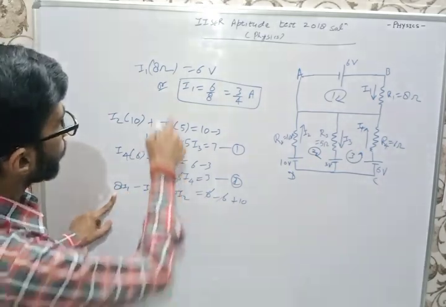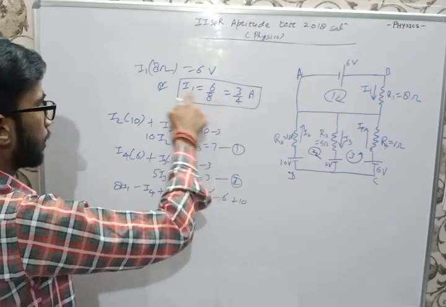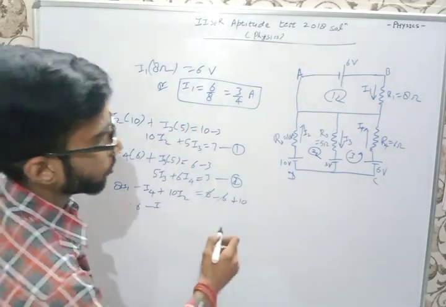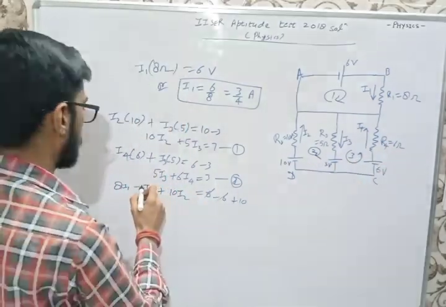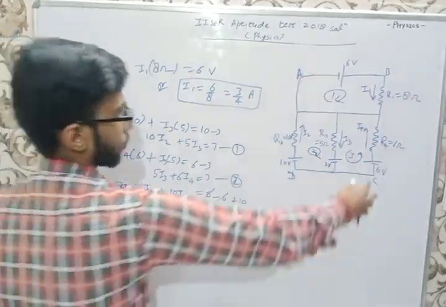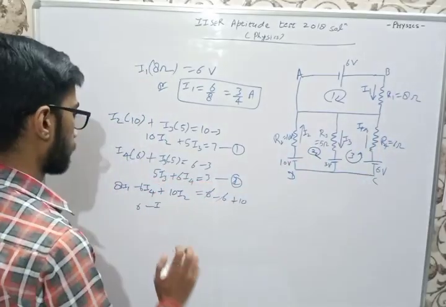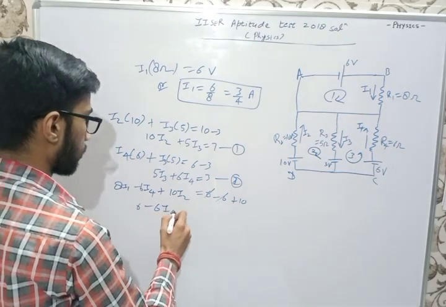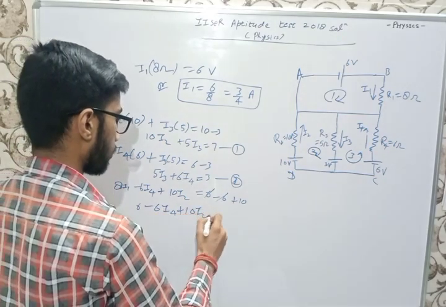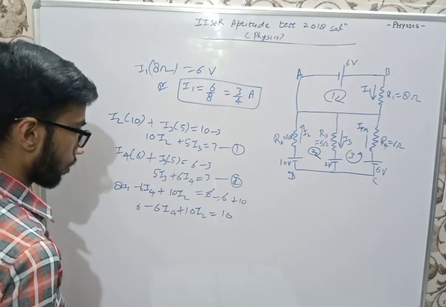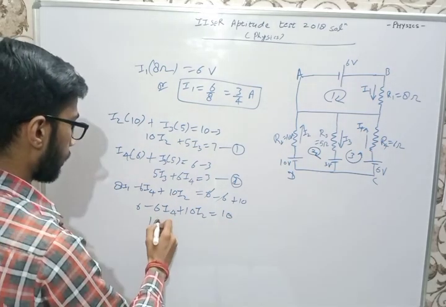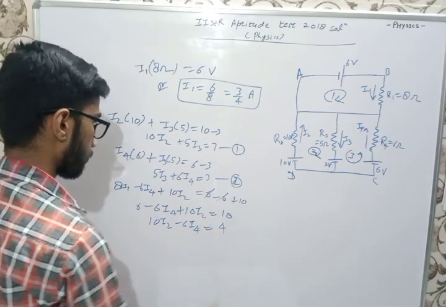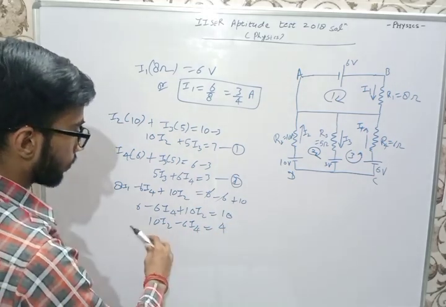And what was the value of I1? It was 6 upon 8. So 8 I1 is simply 6. Then minus I4 times 6, 6 I4. So 6 minus 6 I4 plus 10 I2 equal to 10. It will go there, and we get 10 I2 minus 6 I4 equal to 4, and just divide by 2.